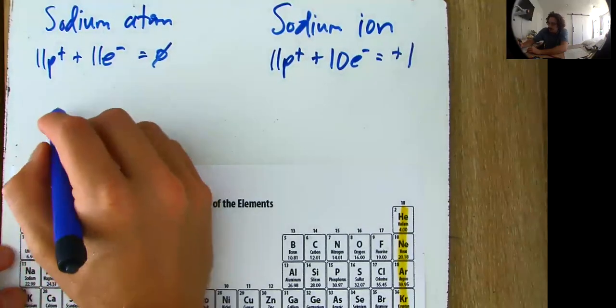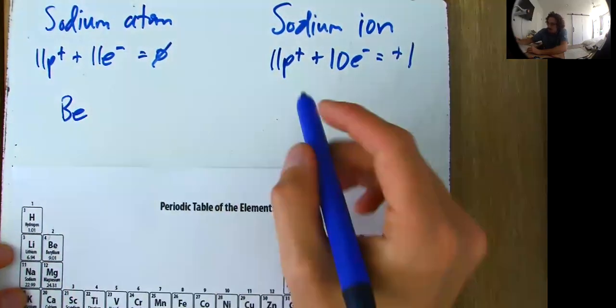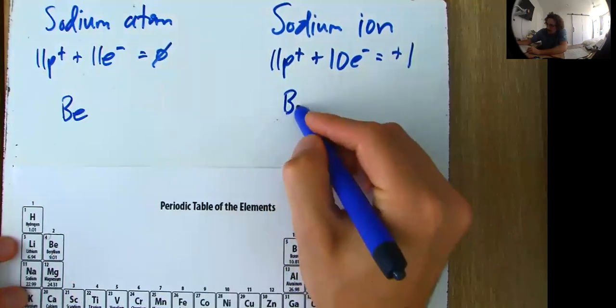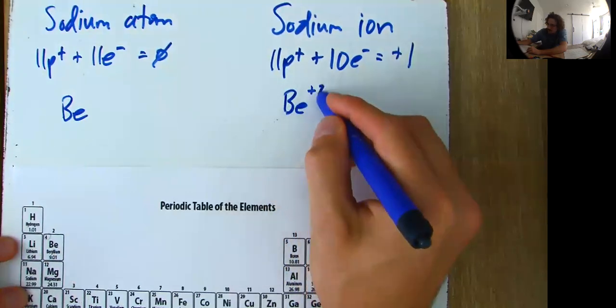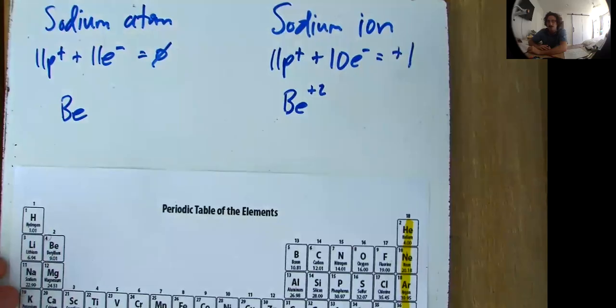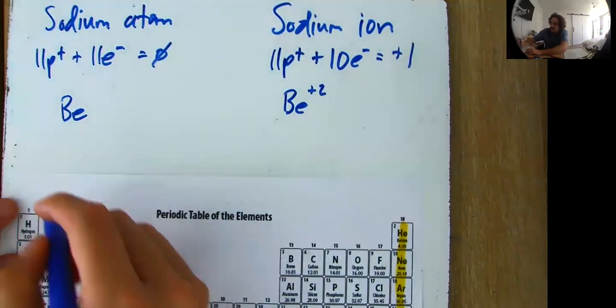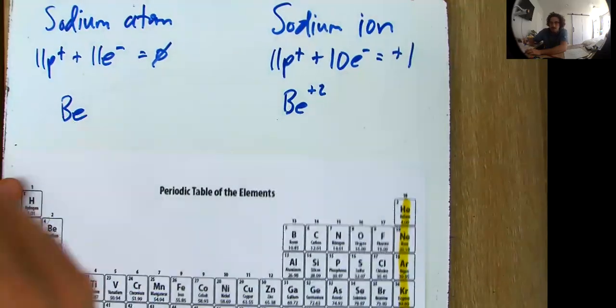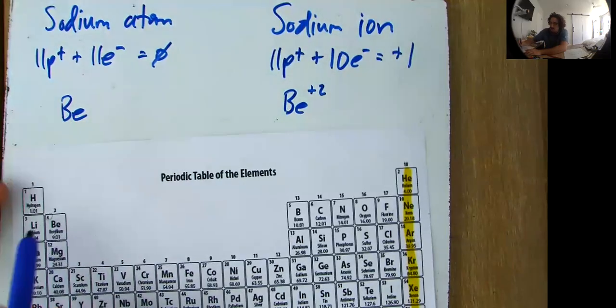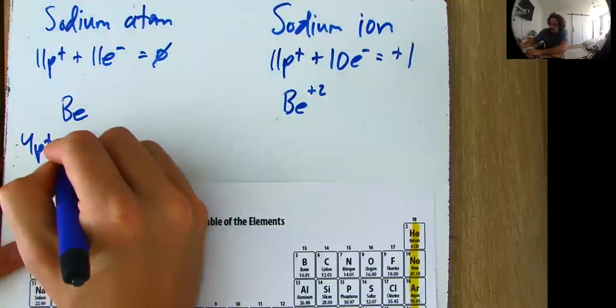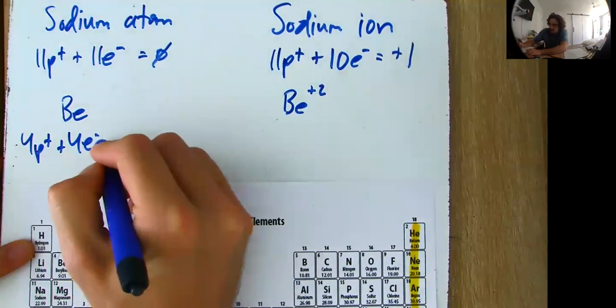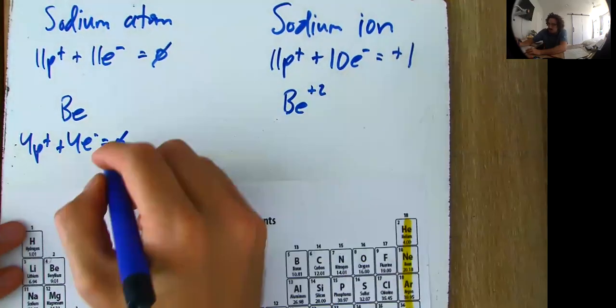So Be for beryllium, and Be with a little +2 written at the top right here. That's how you show the ion symbol. Okay, so the Be atom has number 4 on the periodic table. So that means 4 protons and 4 electrons for no charge. That's a 0.